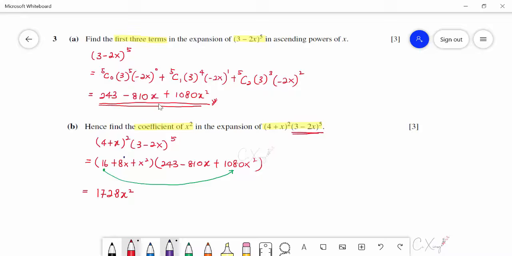Then now I focus on the second term of the first bracket, 8x. I will want to multiply it with negative 810x so that I will have x squared as my final result here. So when you take 8x times negative 810x, the answer that you will get will be negative 6480x squared.